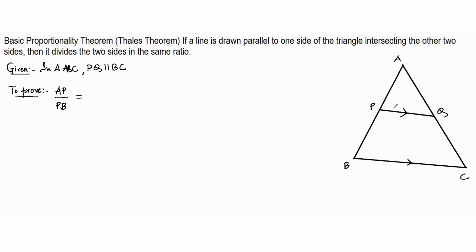This line intersects the side AC at point Q, so the ratio in which it divides AC is AQ divided by QC, right? So we basically have to show that AP by PB is equal to AQ by QC.